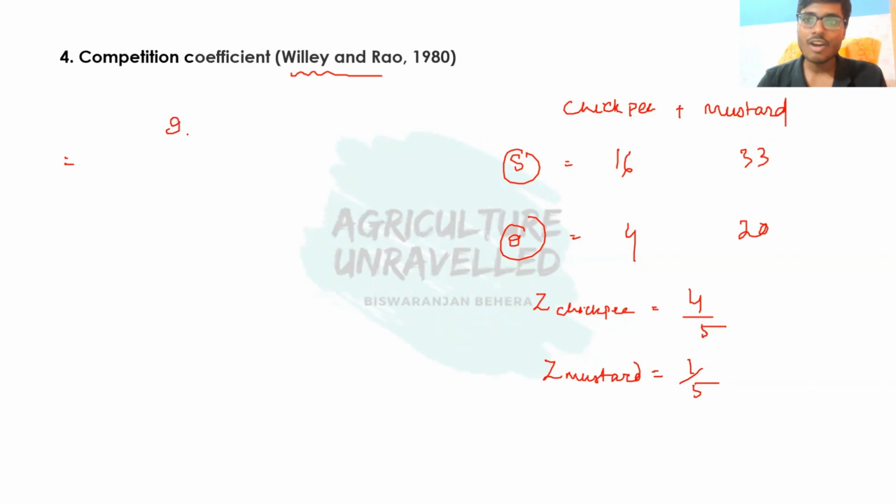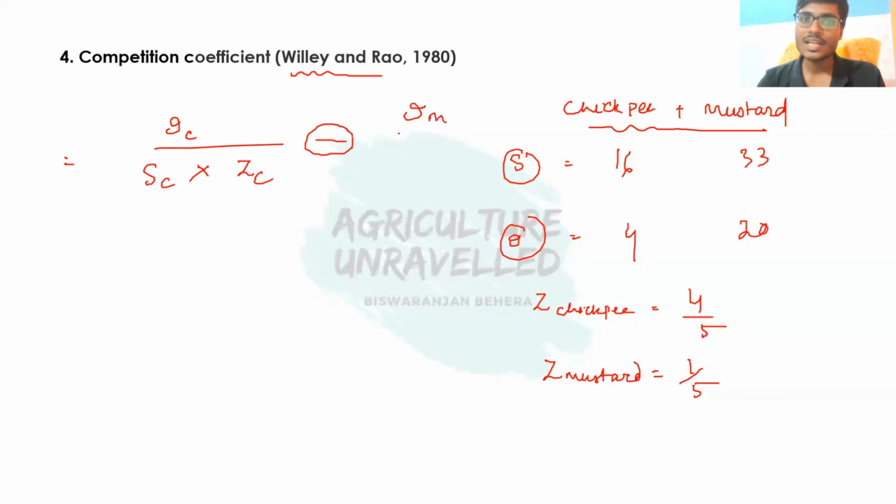That is the intercrop yield of one crop. For example, we'll use the same example, chickpea plus mustard. So the intercrop yield of chickpea divided by the sole crop yield of chickpea, into the proportion of chickpea. Okay. In case of aggressivity, we just subtracted the intercrop yield of mustard divided by the sole crop yield of mustard, into the proportion of mustard. That was aggressivity.